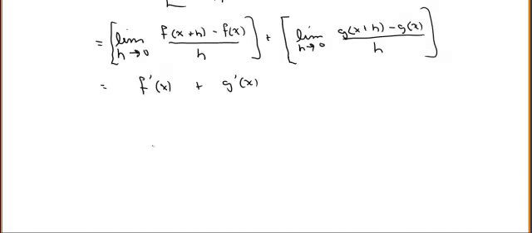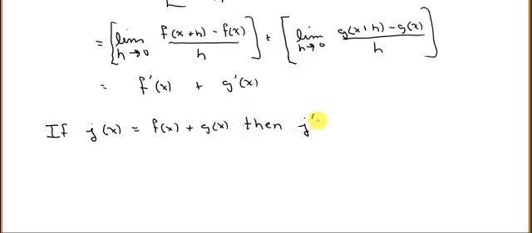So if j of x is equal to f of x plus g of x, then j prime of x is equal to f prime of x plus g prime of x.